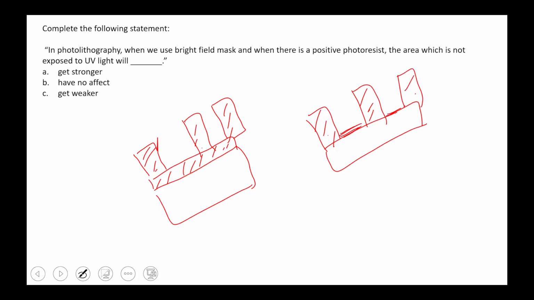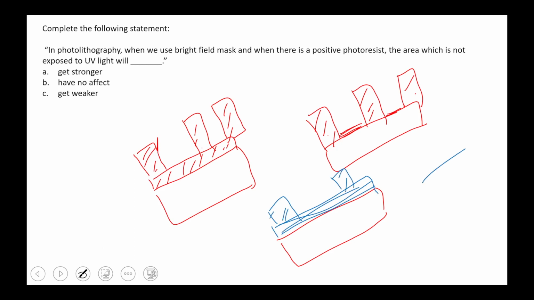And what will happen in the negative photoresist? This is a photoresist, suppose these are the devices.